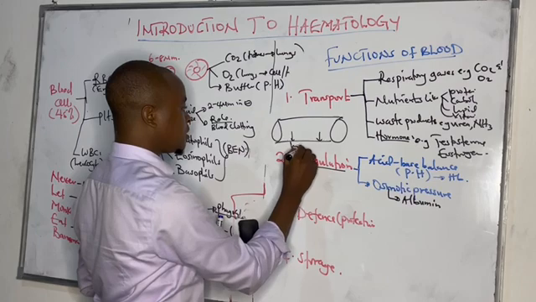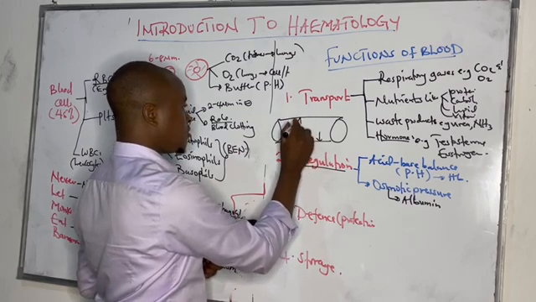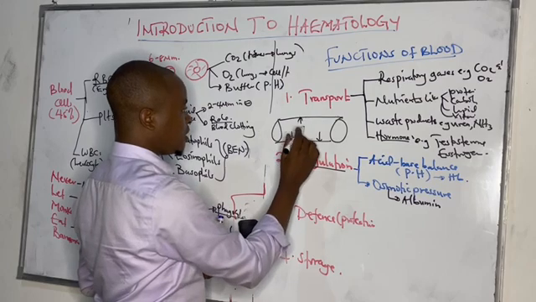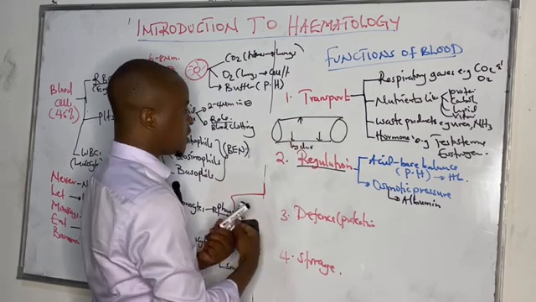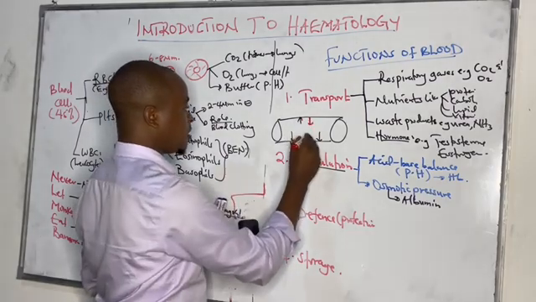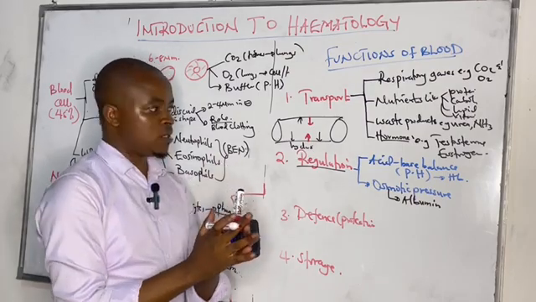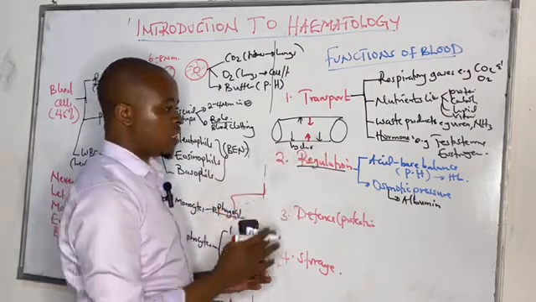That is hydrostatic pressure, and there is the pressure that tends to keep the fluid inside. This force is what we call osmotic pressure. It is created by albumin, which is part of blood.